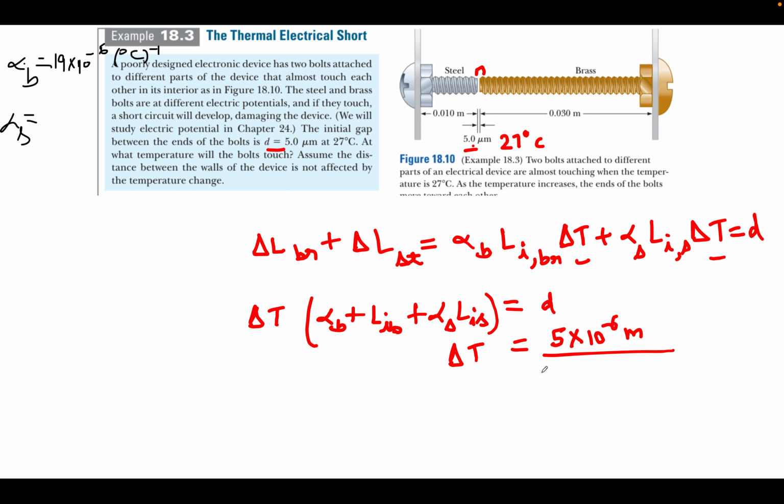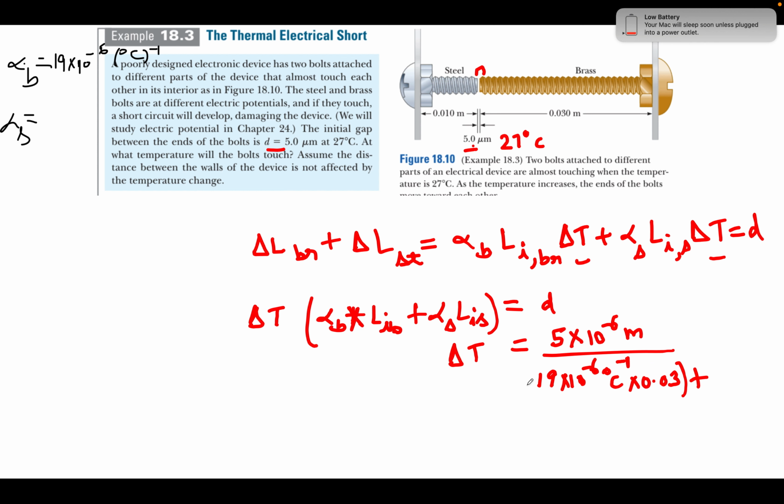First brass is coming: alpha of brass is 19 into 10 to the power minus 6 per degree Celsius, multiplied by the initial length of brass, which is 0.03 meter, added to 11 into 10 to the power minus 6 multiplied by 0.01 meter.